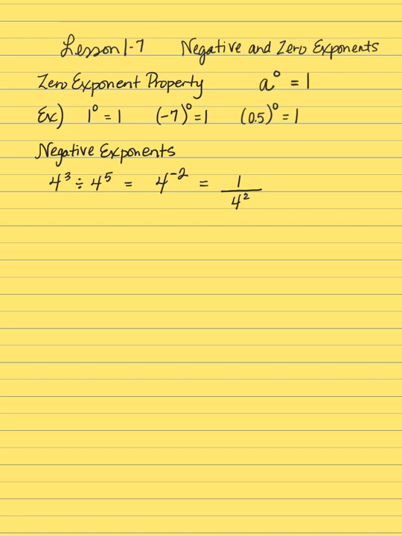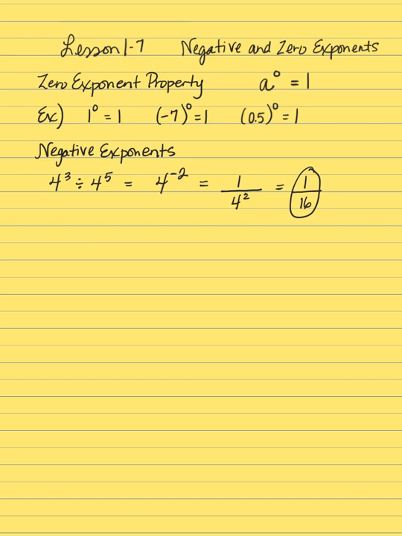If you wanted to continue simplifying this expression and not leave an exponent, it just depends on what your directions say, but in this case, if my direction said to simplify, I would leave 1 on top, and on the bottom 4 to the 2nd power would be 4 times 4, which is 16. So there are occasions when you do have negative exponents, and that's what you do.